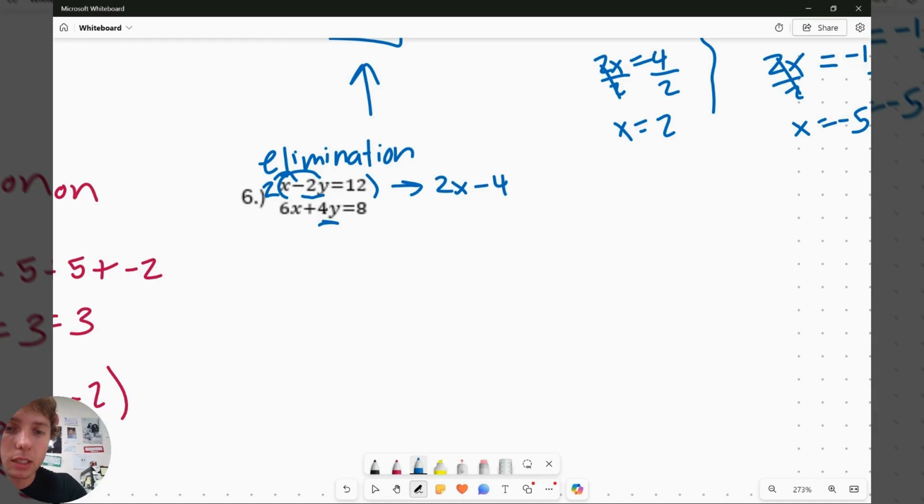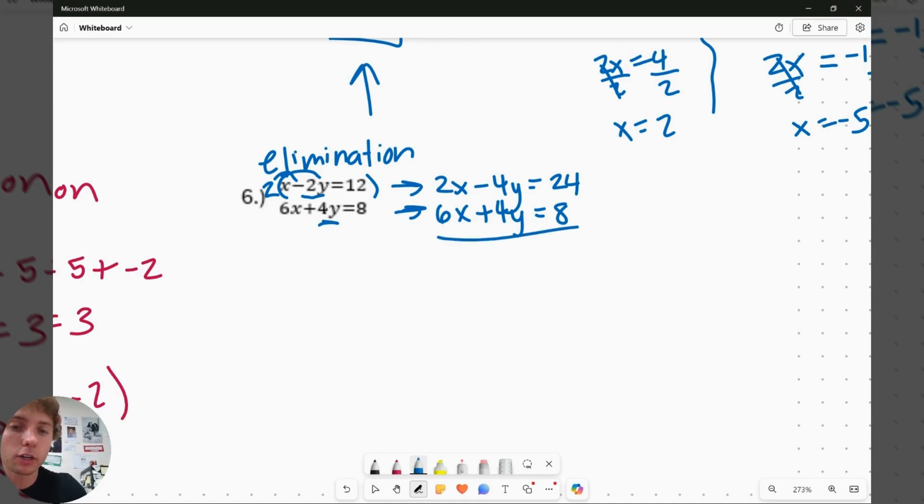Remember, the biggest mistake people make going through this process is when they distribute that value, they forget to multiply to both sides of the equation. That 2 does need to multiply with the 12 as well, giving us 24. The bottom equation we did not change. That one will just come over as 6x plus 4y equals 8.